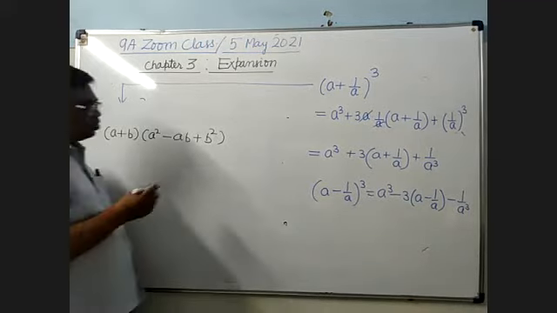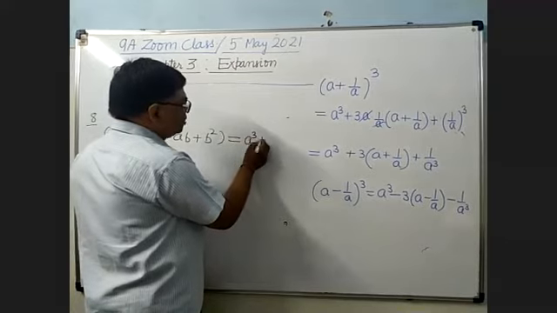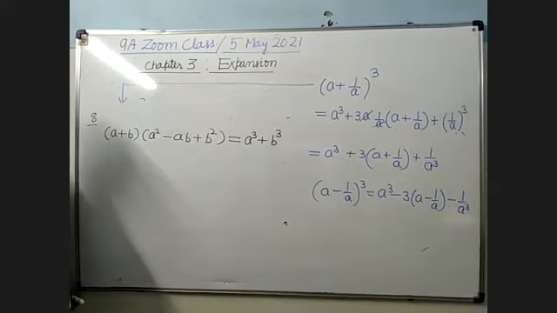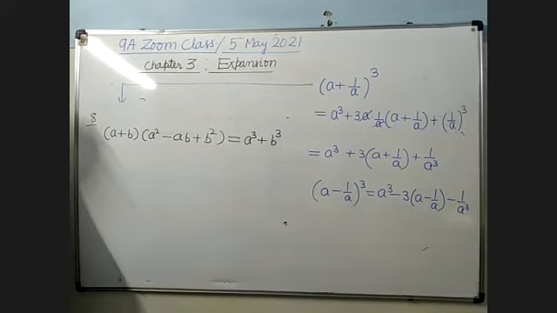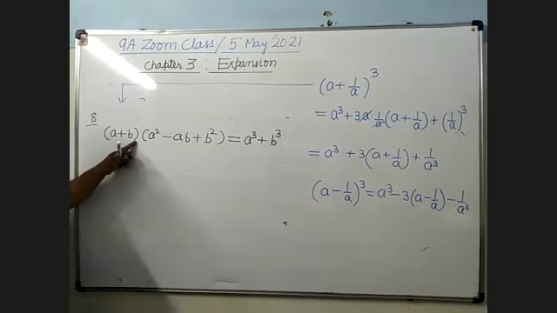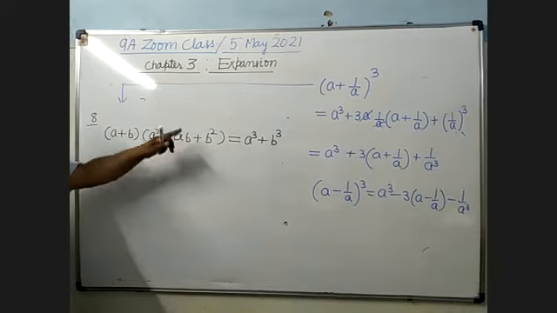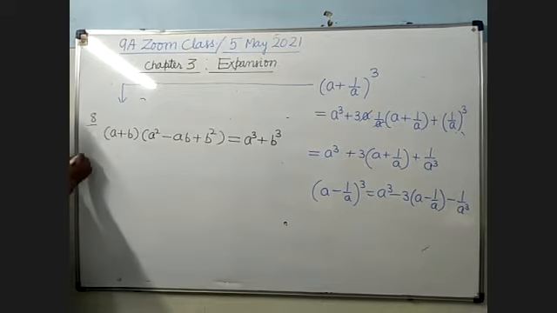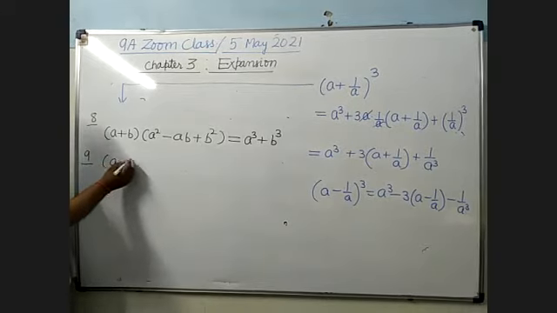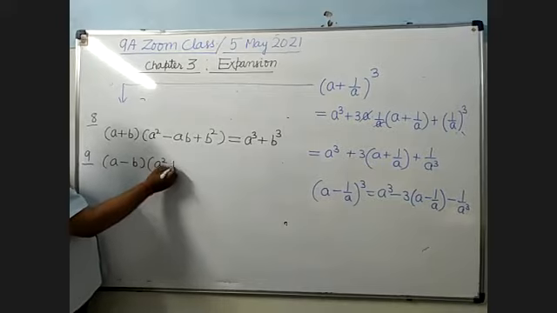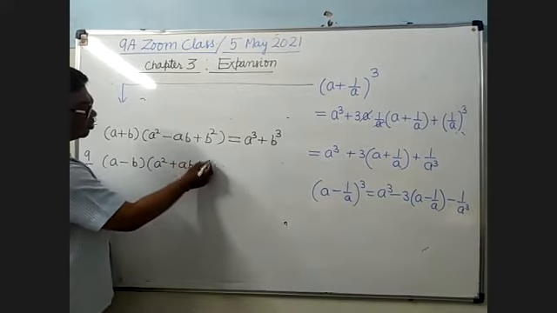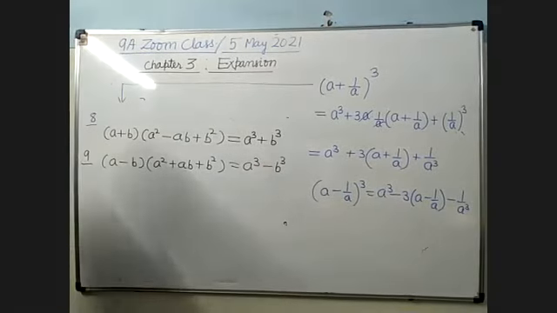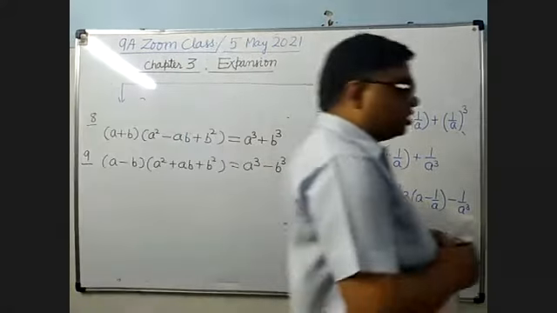So this is equal to a cube plus b cube. If you multiply, you will get the same thing. a plus b within bracket a square minus ab plus b square equals a cube plus b cube. And there is one more, a minus b within bracket a square plus ab plus b square, that will be a cube minus b cube. This is equal to a cube minus b cube.